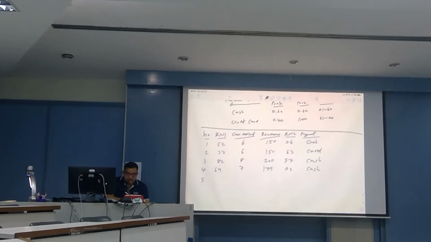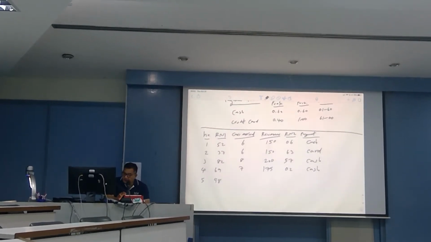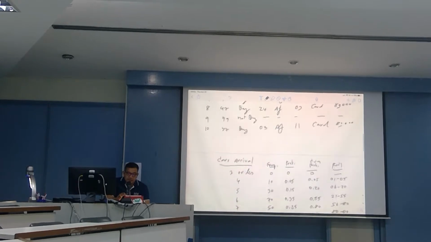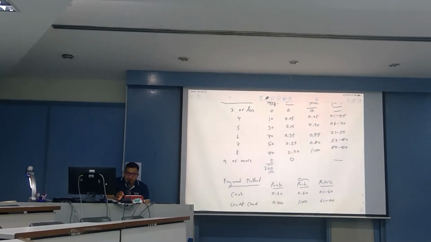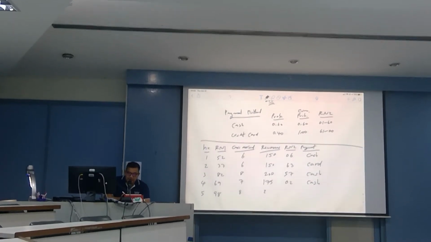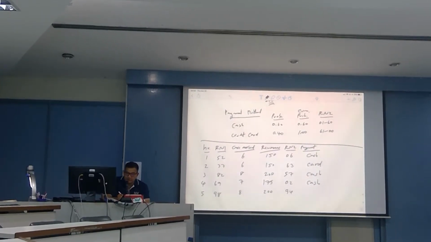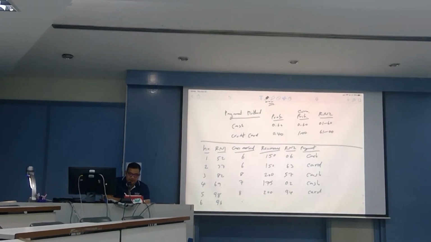Our number 5 is 98. 98 is in the range of 80 to 100, so per hour still 8. We have 200 as the revenue. Next one is 94, so we pay by card. Our number 6 is 96, still 8, still getting 200.